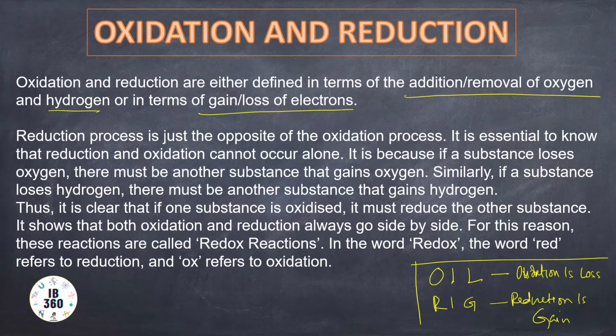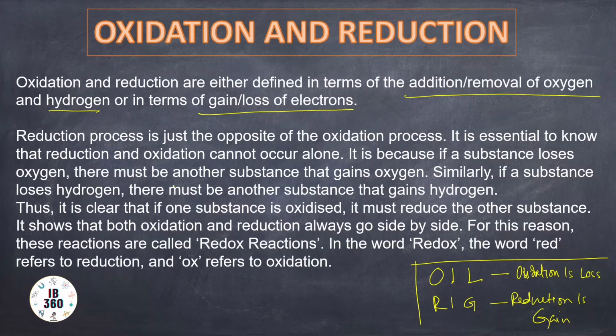It is essential to know that both of these processes cannot occur alone. What I'm trying to say is, if one reactant is losing oxygen and getting reduced in the process, it must lose oxygen to some other reactant. The other reactant which will take away its oxygen, which will gain oxygen in turn, gets oxidized. So both reduction and oxidation processes are occurring hand in hand. Here also it is mentioned: a substance which loses oxygen, there must be another substance that gains oxygen.